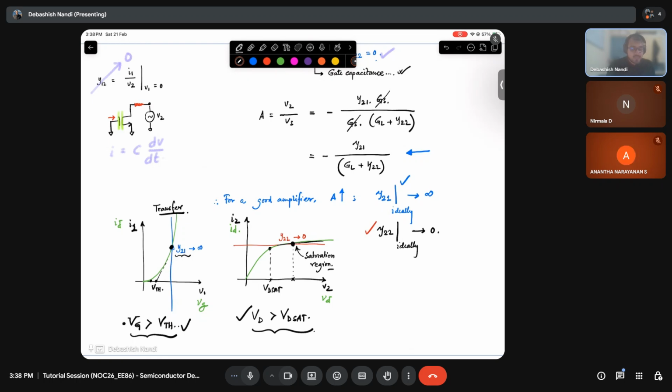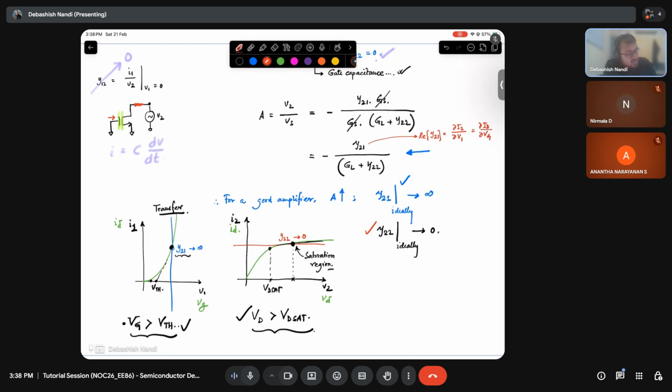Yes, sir. So by the way, what is the real component of Y21? The real component of Y21 is basically nothing but your dI2 by dV1, that means dID by dVG.